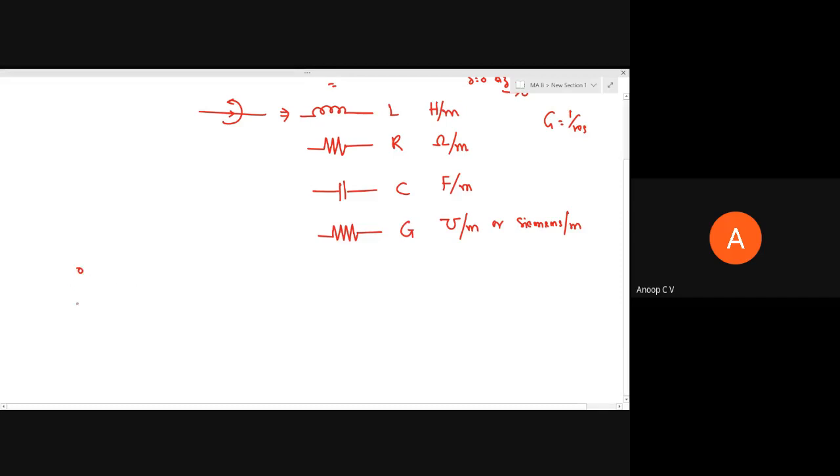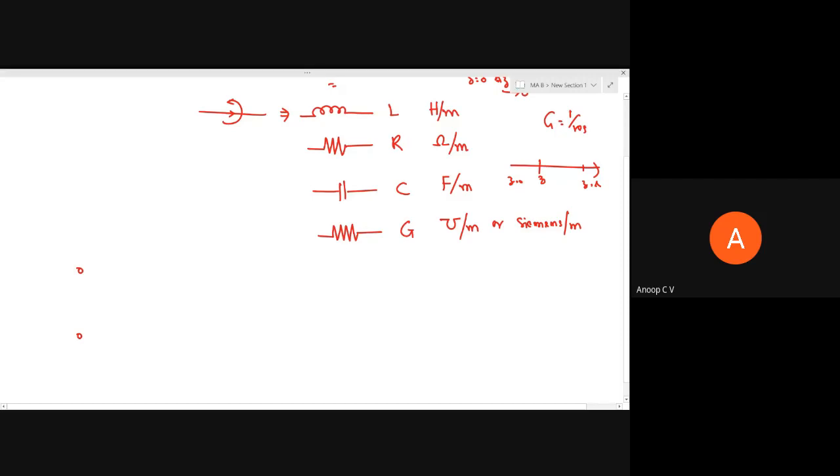As I already told, we are placing the transmission line along the Z axis. The source will be at Z equal to 0, and the load will be at Z equal to L. The position of any given point, I'll be referring to as Z, the distance from the source.